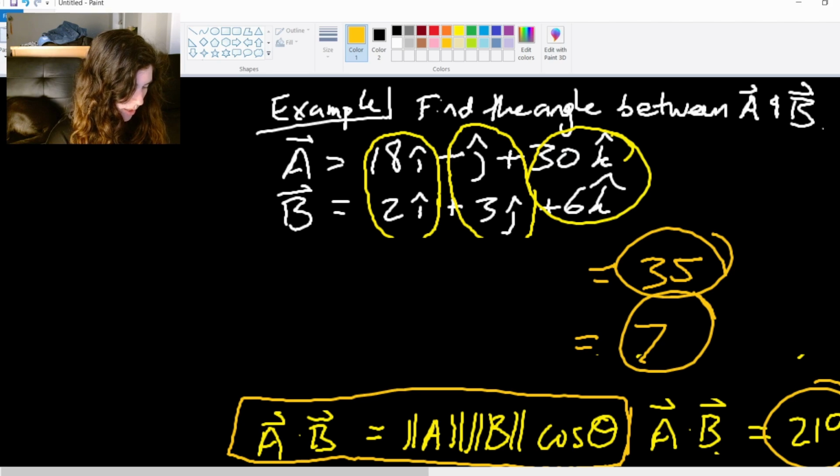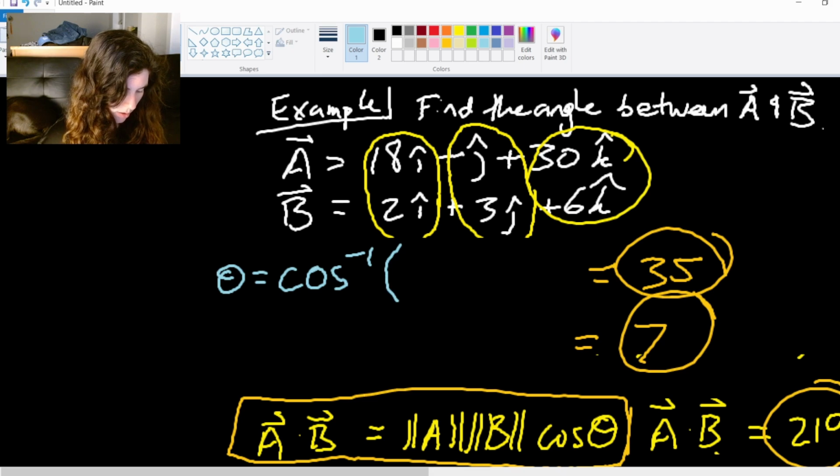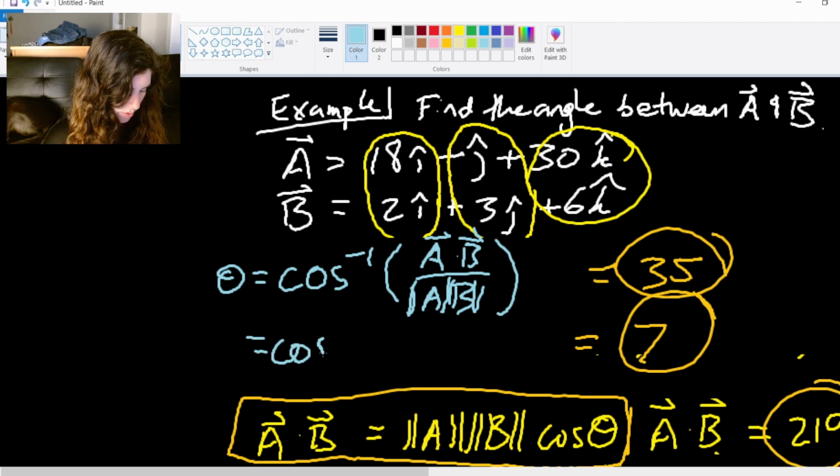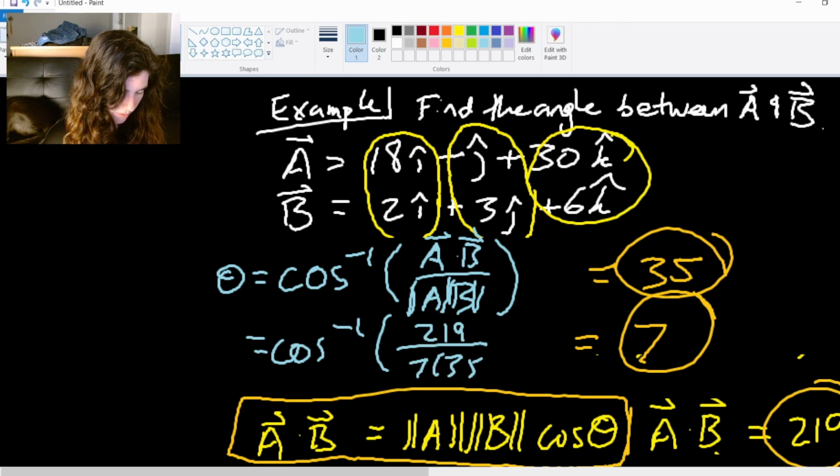So if I do that, our theta is inverse cosine of our dot product, A dot B, over the magnitudes A and B. In this case, we're going to have inverse cosine of 219 over 7 times 35.